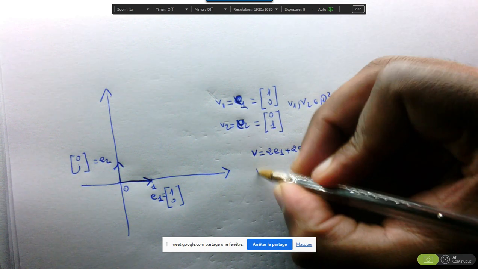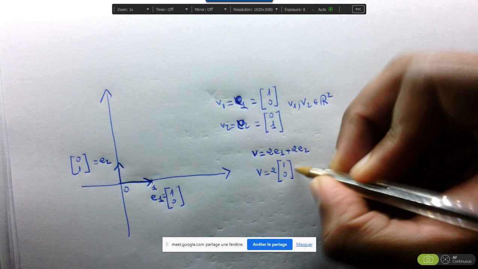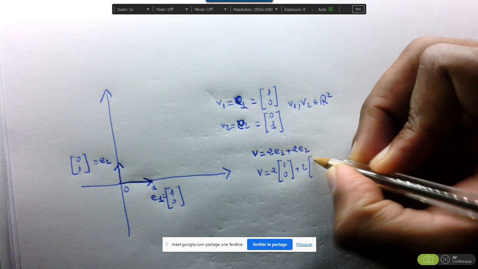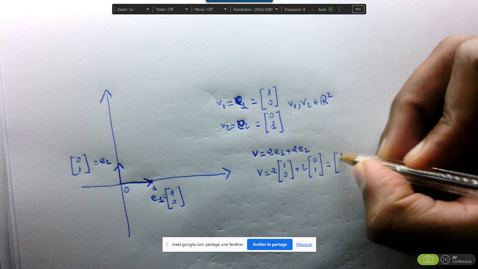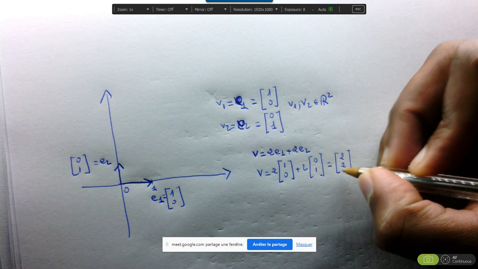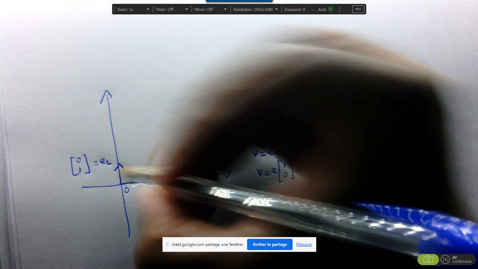So the vector v would be 2 times 1, 0 plus 2 times 0, 1, and I have here 2, 2. Okay, so 1 here, 2, 1 here, 2.